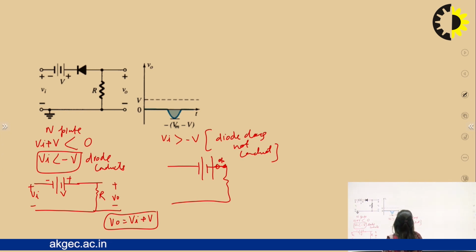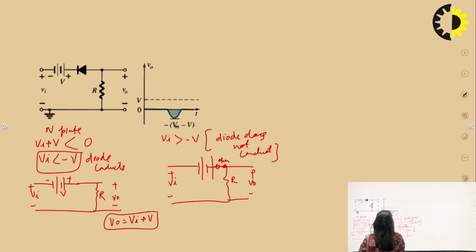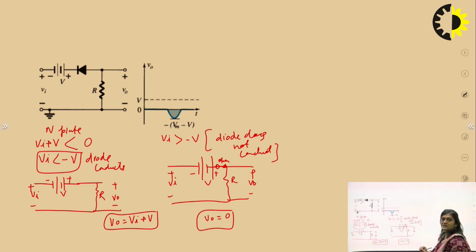This is the resistance, V naught, plus minus Vi plus minus, this is minus plus V. So in this case, output would be equal to 0. The diode is open here because it is in the non-conducting state. Now the equivalent waveform would be like in this way. This is our input signal.